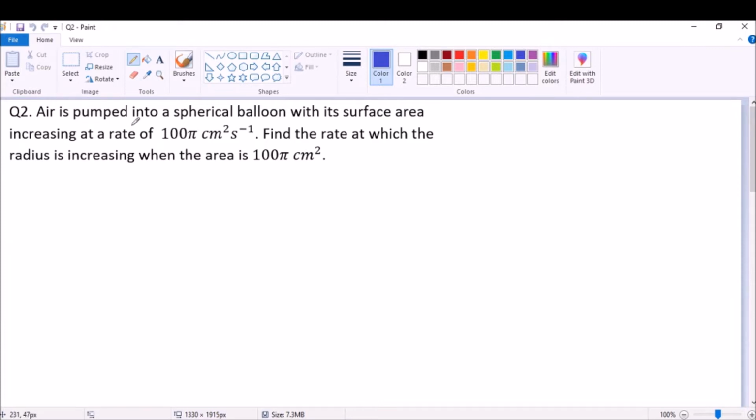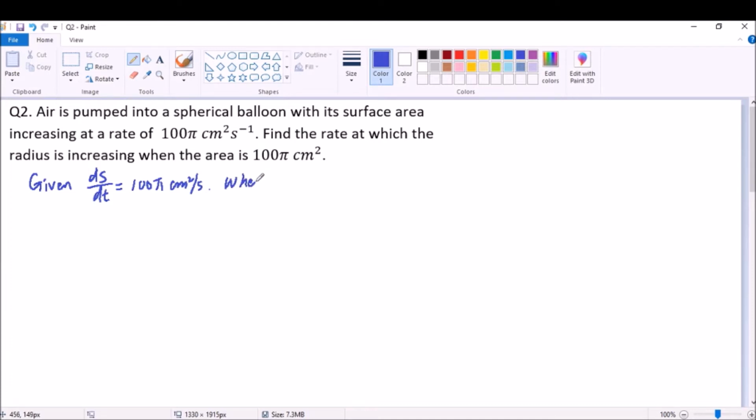Question 2. Air is pumped into a spherical balloon with its surface area increasing at the rate of 100 pi cm squared per second. Find the rate at which the radius is increasing when the area is 100 pi cm squared. So we are given the rate at which the surface area is increasing is 100 pi cm squared per second.